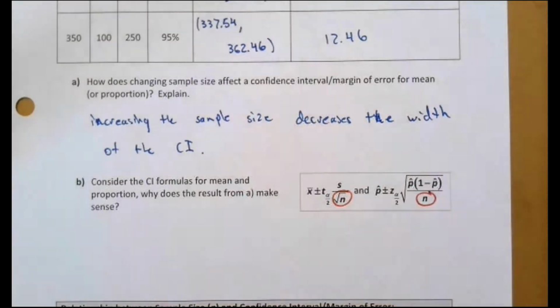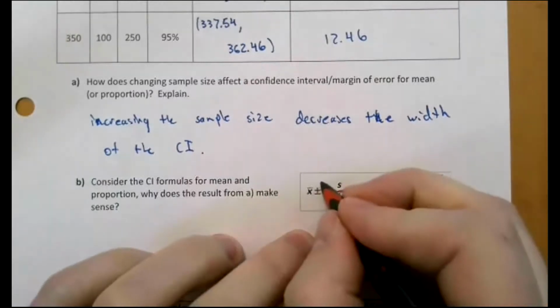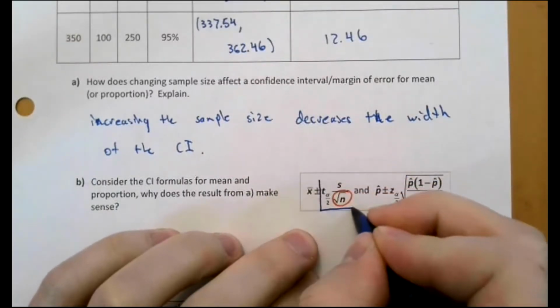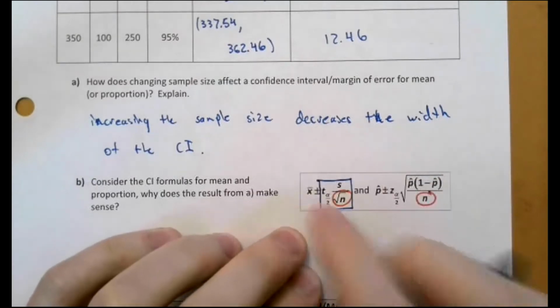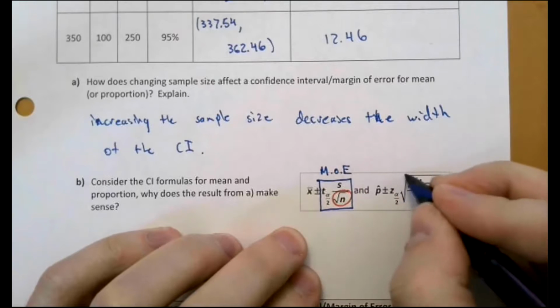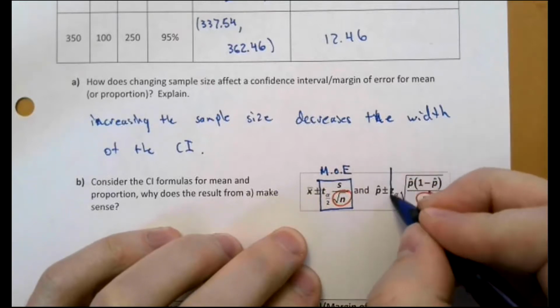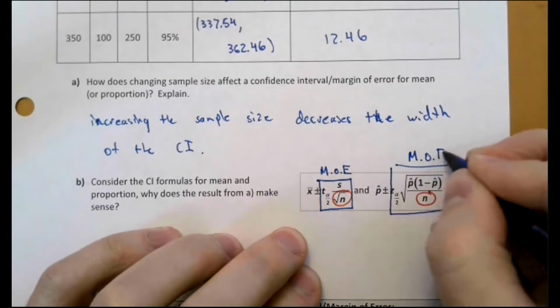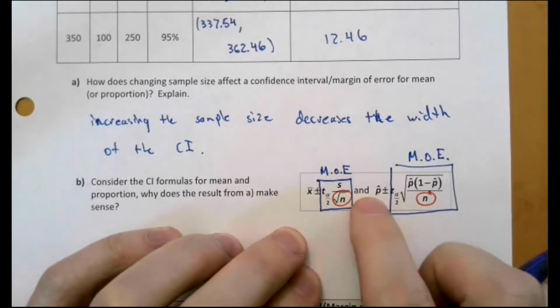So we're dividing by the size of the sample. And I don't know that I ever explained this to you. This piece right here, that plus or minus piece, this is the margin of error. And of course, this piece here is the point estimate.